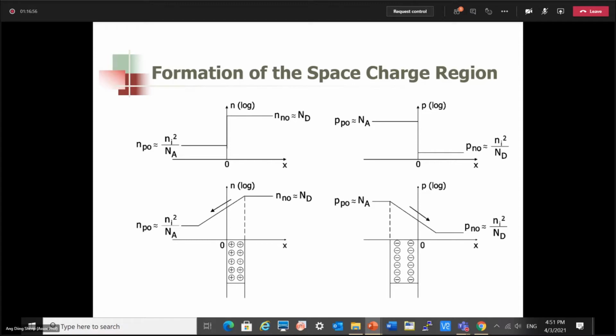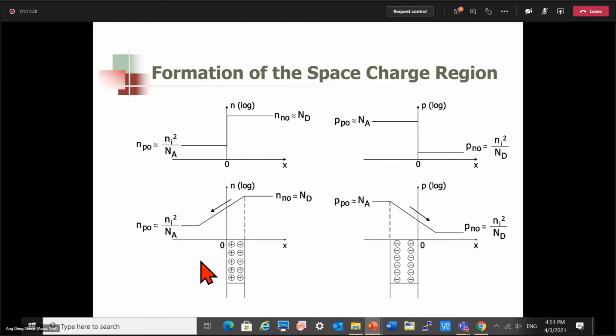Now, why do we actually disregard the increase in the electron concentration here, for example, and the increase in the hole concentration here after diffusion has happened? The reason we can do that, as we will discuss later, is that this increase in the electron concentration is actually much lower than the acceptor doping concentration on the P side.